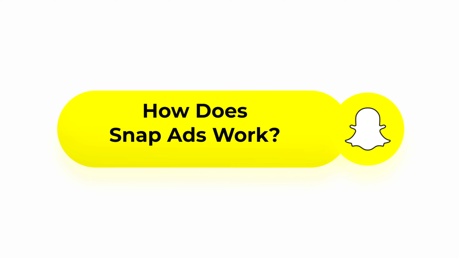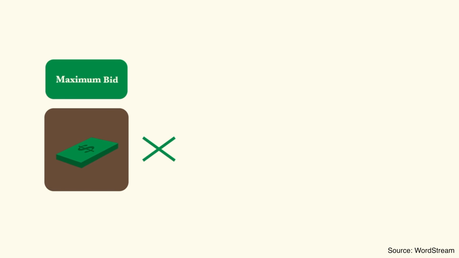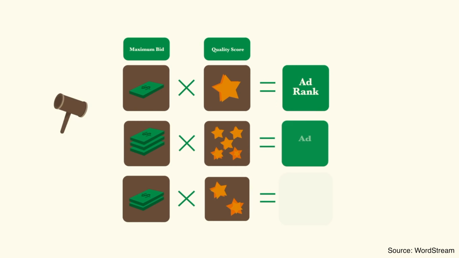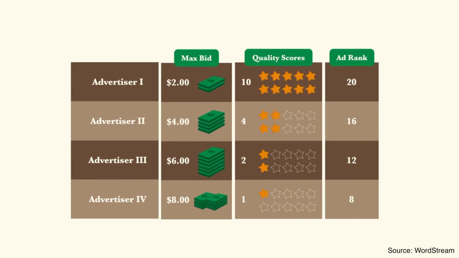Part number 2, how does Snap ads actually work? So Snap ads, much like Google ads and Facebook ads, works as an auction place. Whenever we set up a Snap ad and allocate a budget of, say, $5 a day to the ad, we are technically placing a bid for our ad to show up to Snap users. Based on your budget, the ad quality, and the ad relevancy, the auction place shows the winning ad to certain users.